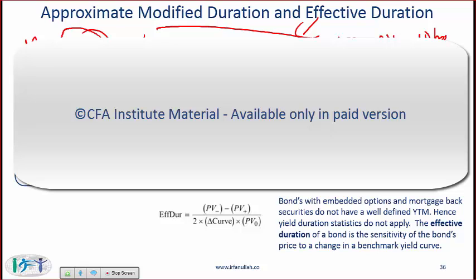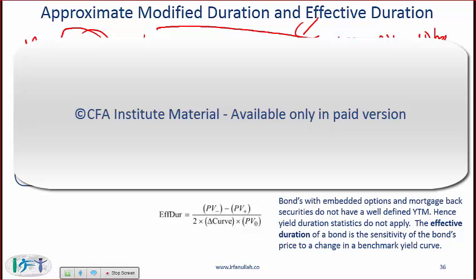Okay, now I'm going to emphasize a point related to yield duration. The 3 durations that I've talked about, the Macaulay, modified and approximate modified, are all called yield durations because they look at the change in price based on the change in yield of that particular instrument. Right?